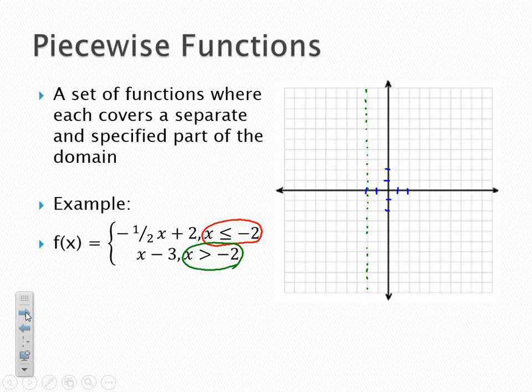If we begin with the function -1/2 x plus 2, normally graphing a line, we're going to go up 2, and then I'm going to go down 1 over 2. I'm taking that back.